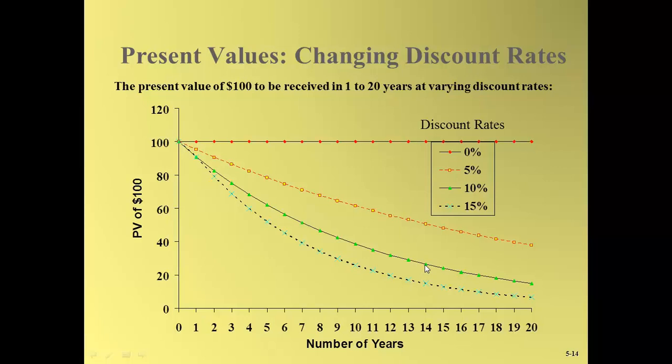I have to start with a higher amount at 10% because the rate of investment is just 10%. And I have to start with an even higher amount at the rate of 5% to end up with $100 after 14 years. So that's the idea behind this graph.